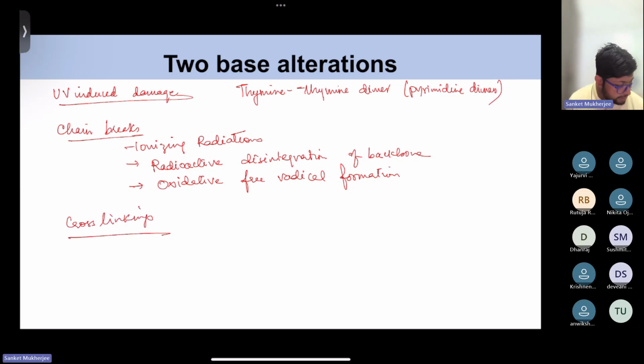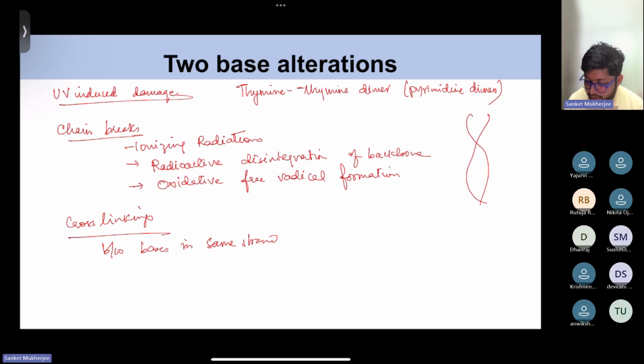Cross linkings could be between the bases in the same strand. See, if this is the DNA structure and these are the bases, cross-linking could happen in the same strand. Let's say these two structures can form some cross-link, or it could happen in the opposite strand.